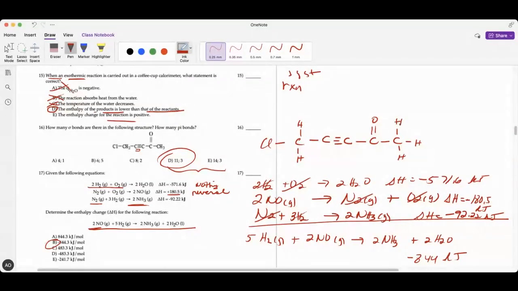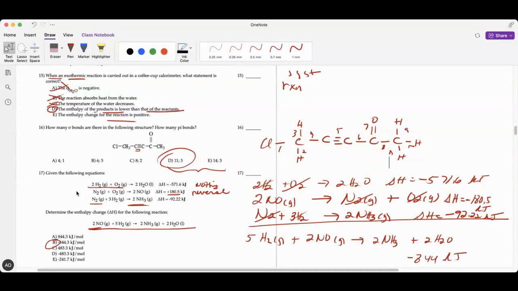So this makes it a lot easier. Triple bonds and double bonds both have 1 sigma bond. So we have 1, 2, 3, 4, 5, 6, 7, 8, 9, 10, 11 sigma bonds.